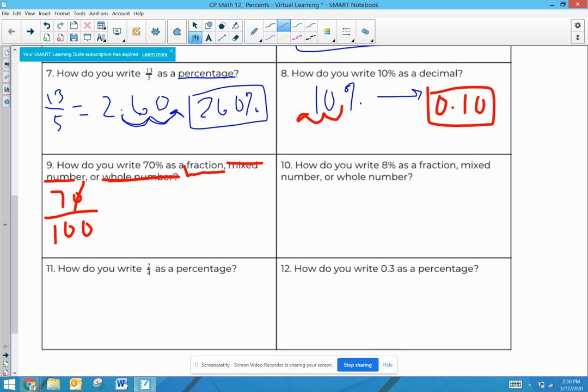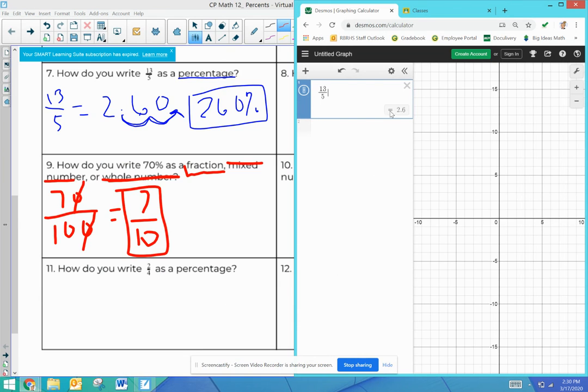So either you see that the zeros cross out, and that gives you 7/10. I'm trying really hard to write neatly. I'm sorry that it's not working. Or you take it to your handy dandy decimal, 70 over 100, and then press that fraction button. And you see that it gives us 7/10. So again, that's this fraction button here.